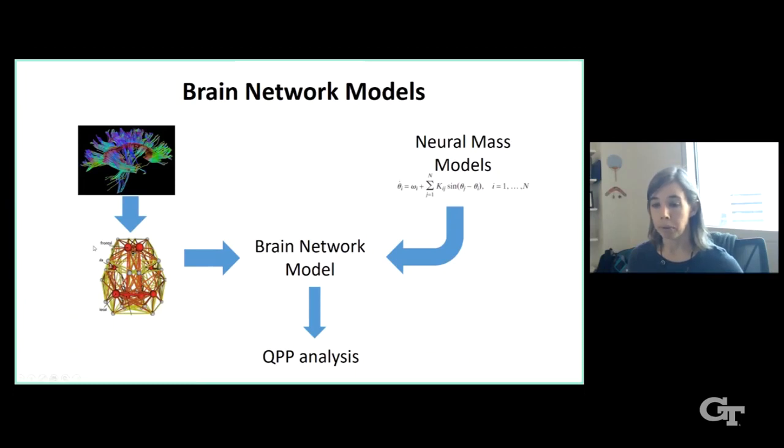But anyway, we take the structural network, and at each one of these nodes, you put a set of differential equations that describe how the activity at that node behaves, and it's coupled to other nodes through that structural network. So it gets input from the nodes that it's connected with. And so we put this together, we set it up, we let it run, and then we ran our same analysis to see if we could get something that looked like these quasi-periodic patterns out of this model.